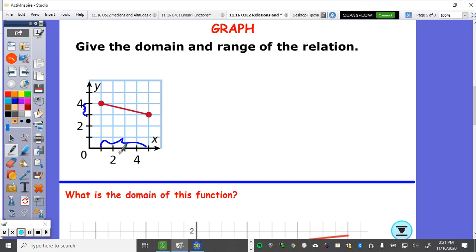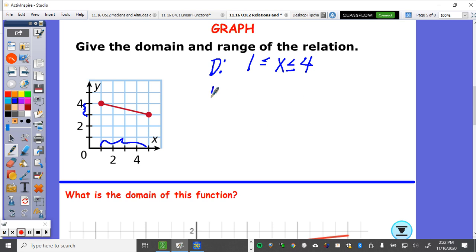Everybody? Okay. So then when we're writing the domain for this, we're talking about all of the values of x between 1 and 4.